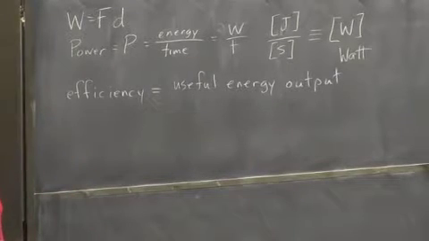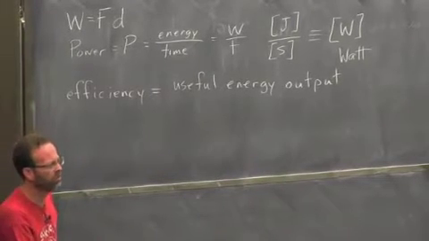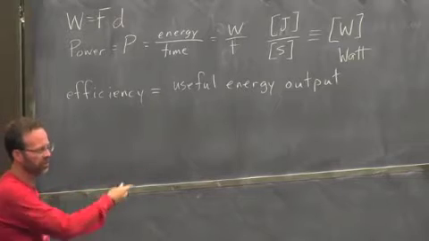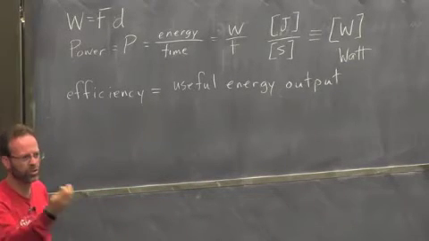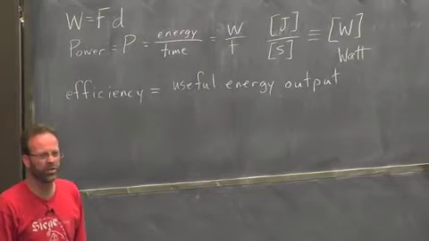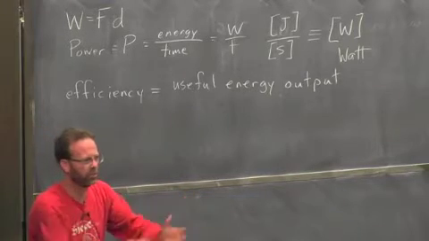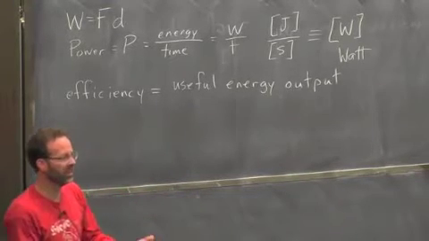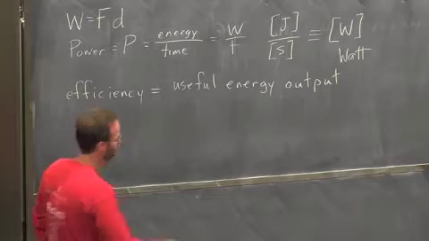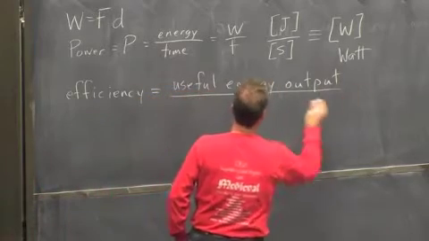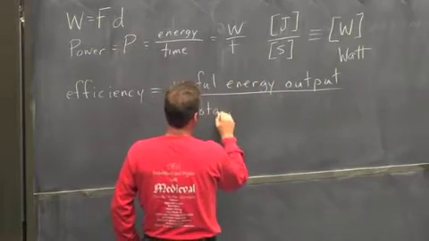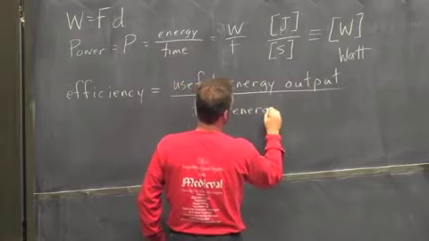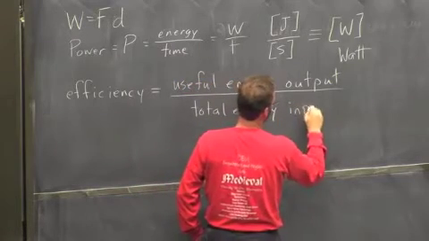If a machine does work, this is the useful energy output that you get from it. You know, a horse: you hook it up to a plow, and the horse can exert so much energy, do so much work. That's what you're going to get out of the horse. And you divide it by the total energy inputted.